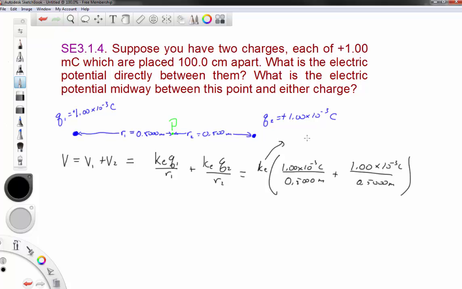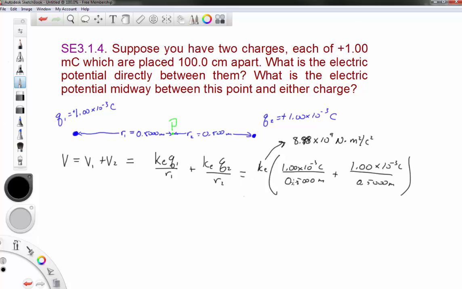KE, recall, is Coulomb's constant, which has a value of about 8.98 times 10 to the 9 newton meters squared per coulomb squared.